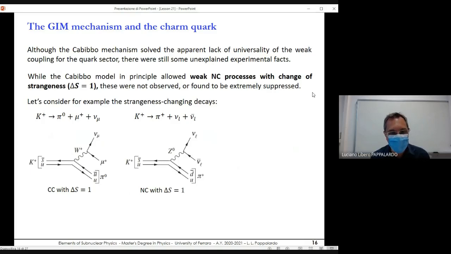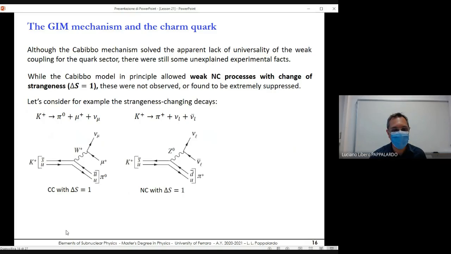So let me give you an example. Here we have two different processes. One is the K plus into pi 0 muon neutrino, and the other is the K plus into pi plus and neutrinos. And you see here the two corresponding diagrams. The first diagram is mediated by a charged current with the exchange of a W boson. The second is mediated by a neutral current with the exchange of a Z boson that we will study next.